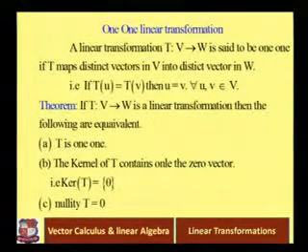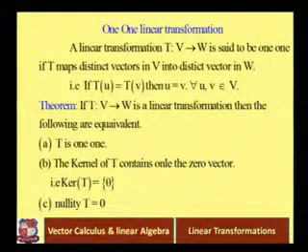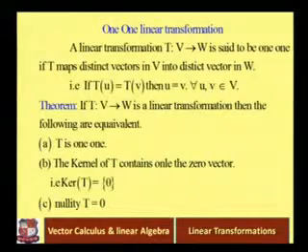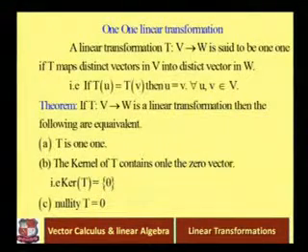After that we see 1-1 linear transformation. How do we define it? If T of U is equal to T of V, then U must be equal to V if T is a 1-1 linear transformation. And these three statements are equivalent for T to be 1-1, and we use them to solve examples: T is 1-1 if and only if kernel of T is equal to the singleton theta, where theta is the 0 vector, that is, nullity of T is equal to 0.